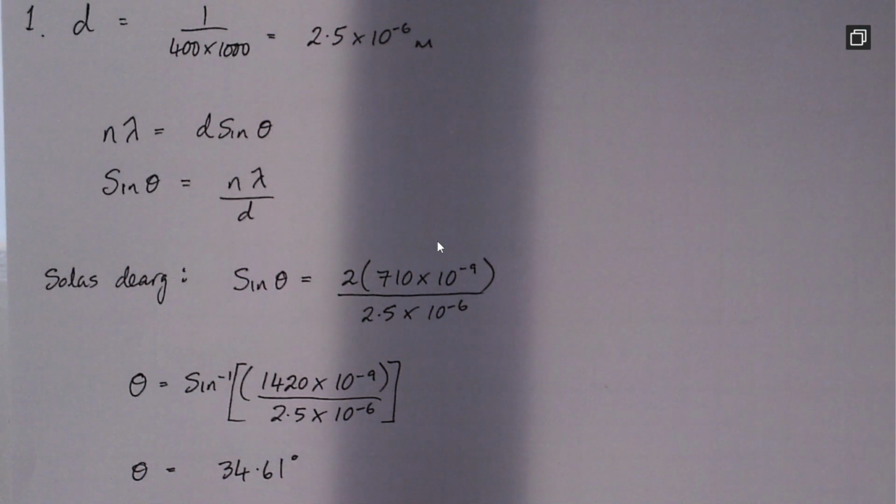So sine theta equals n lambda over d, because this is in the first order grating, so the bracket is 410 by 10 to the power of minus 9 over 2.5 by 10 to the power of minus 6.